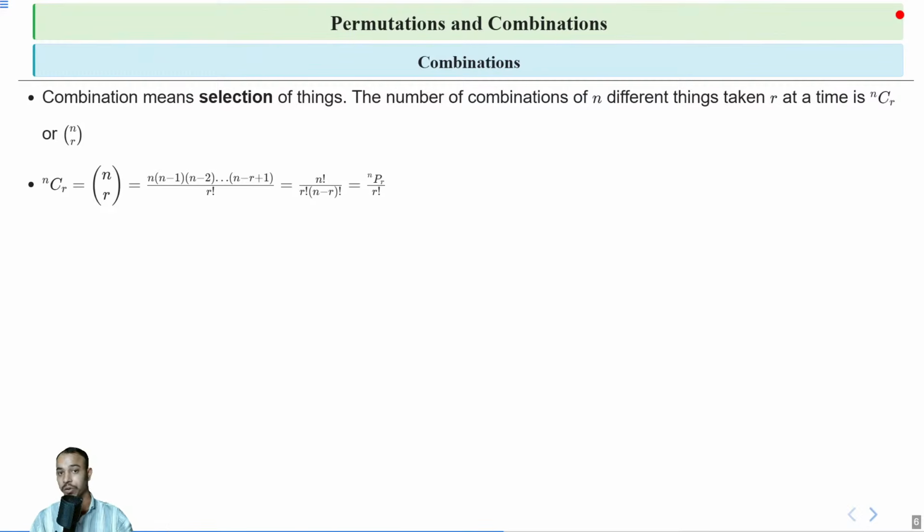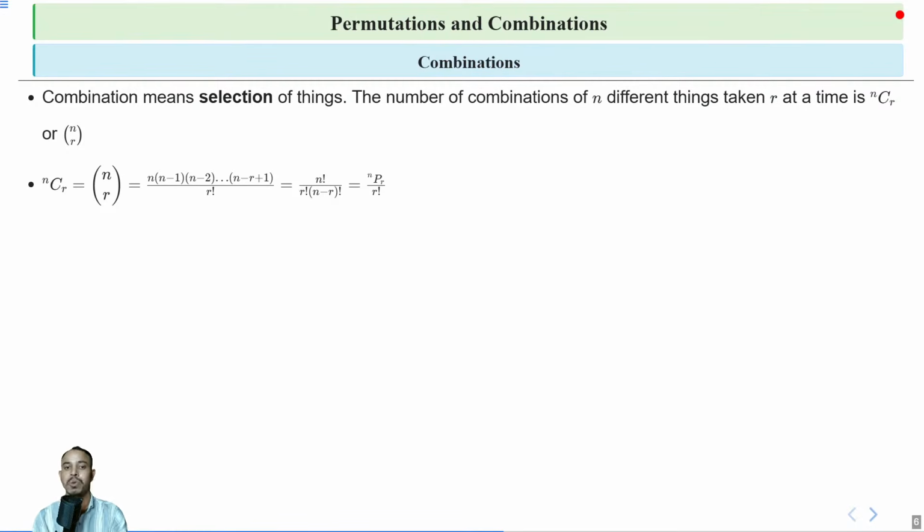And you know nPr equals factorial n divided by factorial n minus r. So nCr equals nPr divided by factorial r. This is the relation between nCr and nPr. Which comes first? Combination comes first and then permutation, so first we select and then we arrange.